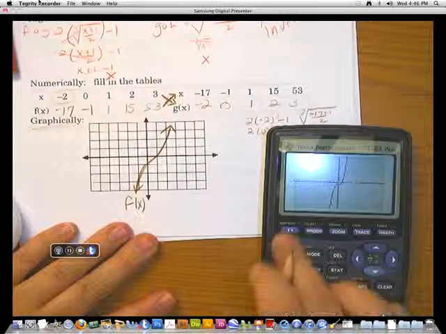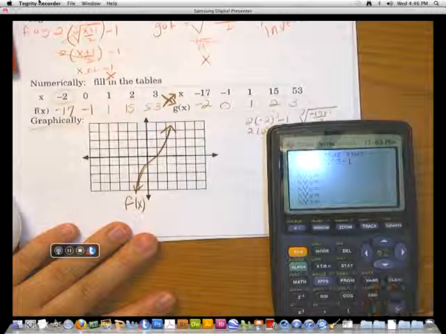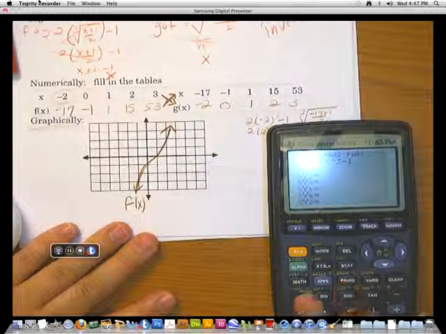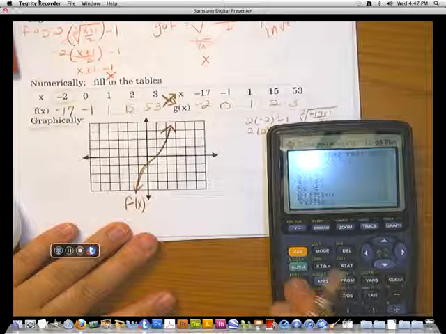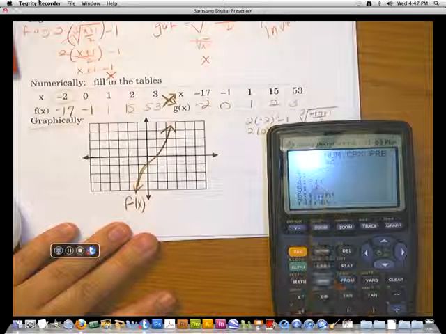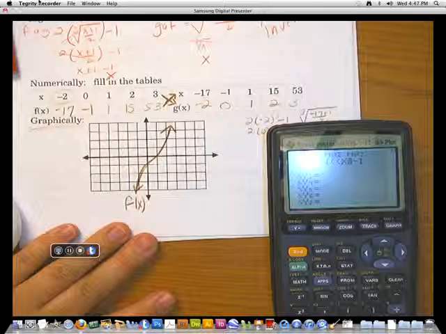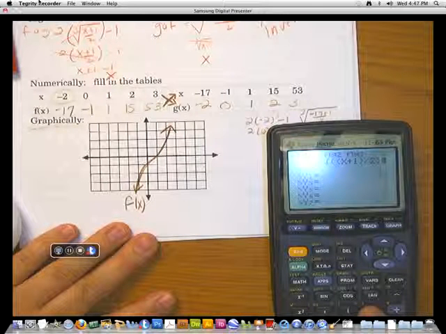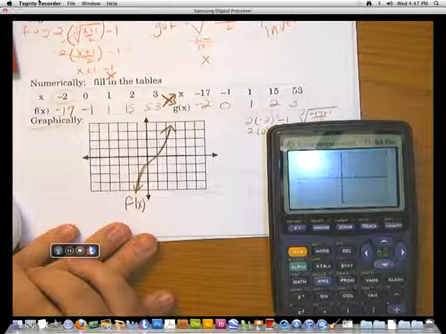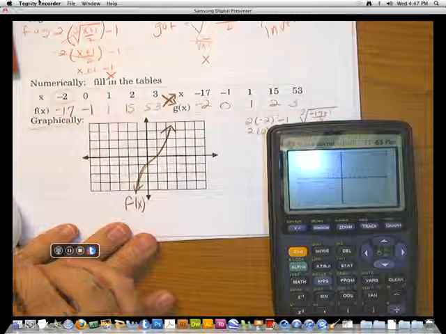Okay. Now if I put in the g equation, the cube root I get under math, option number 4, cube root, and it's going to be x plus 1 divided by 2. Watch your parentheses.